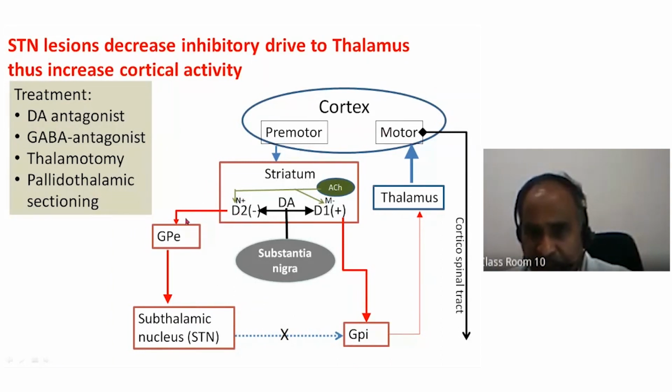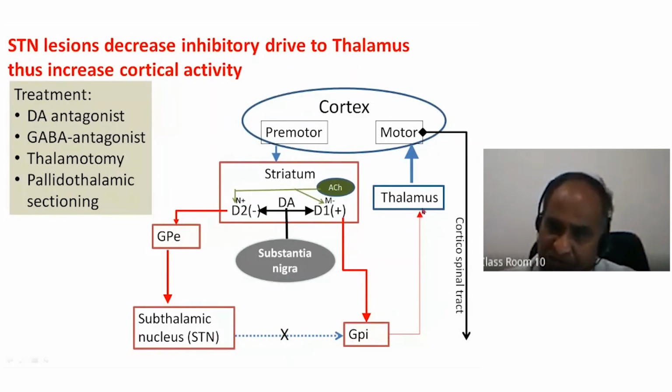This is the indirect circuit, from GPe to the subthalamic nucleus, from the subthalamic nucleus to GPi, and GPi gives output to the thalamus. The subthalamic to GPi is an excitatory glutamatergic pathway, so this is not there. It is not excited.